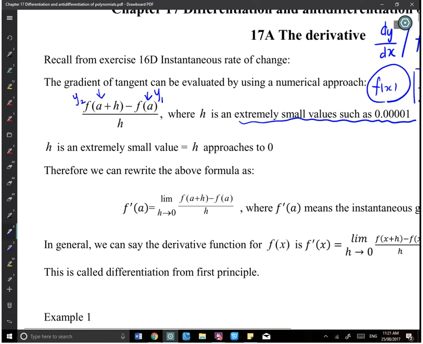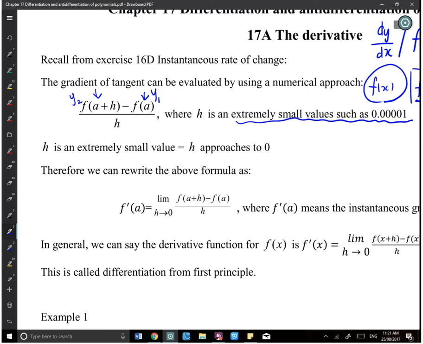Now have a think about that. We're talking about a really small h, right? 0.001 is better than 0.1, and 0.00001 is better than 0.001. The smaller the better. So in an ideal world, what do you want h to be?